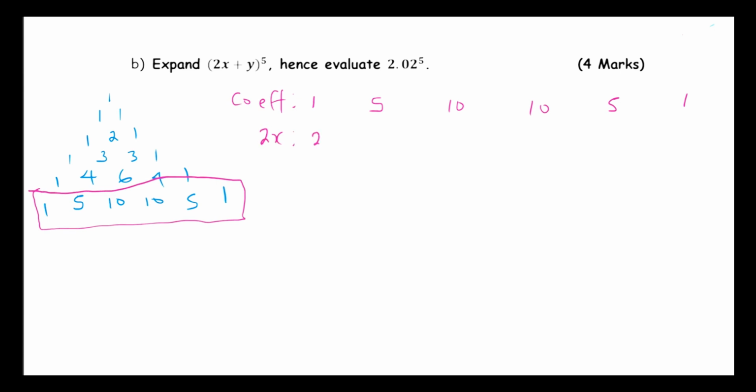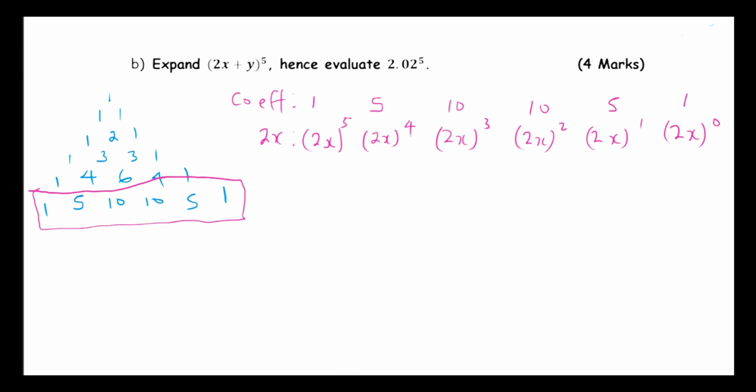So at first, a will always have the entire n as the power, that is 5, and it reduces up to 0. So we have 2x power 4, and then 2x power 3, then 2x power 2, then we have 2x power 1 up to 2x power 0.